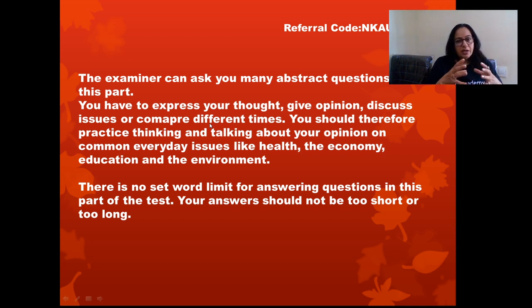Sometimes the cue card is on a specific topic and they can ask you some abstract questions related to it. Suppose the cue card is on a healthy activity that you do, and then they might ask you questions related to health and about the environment related to that same issue, because they are somehow related to that topic.